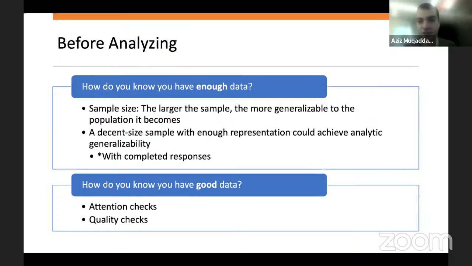Attention checks would be, and I've done this before, you insert a question right in the middle of the questionnaire: what's the color of the sky? And the options would be pink, blue, brown. If you're paying attention, you choose blue.